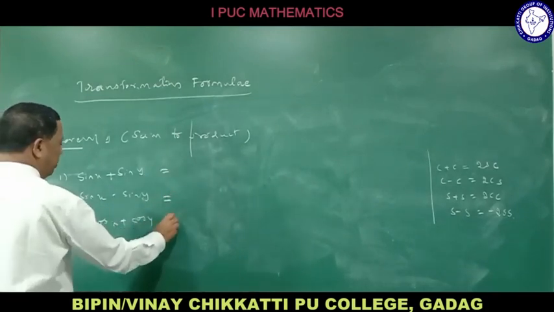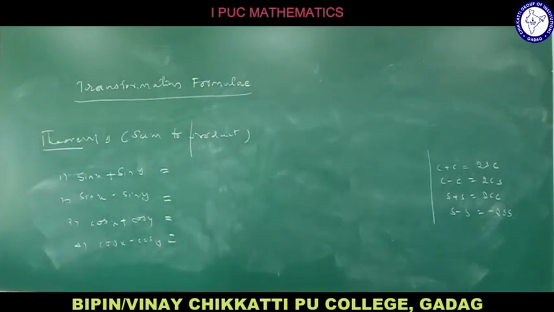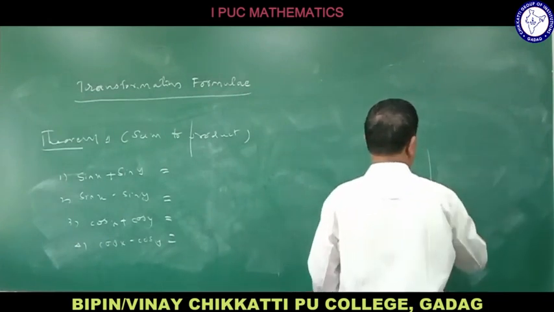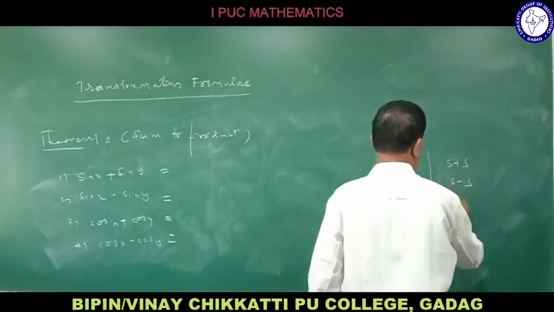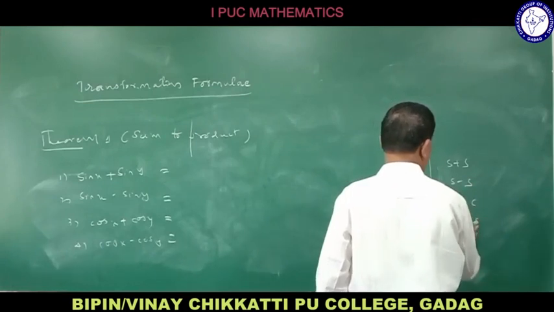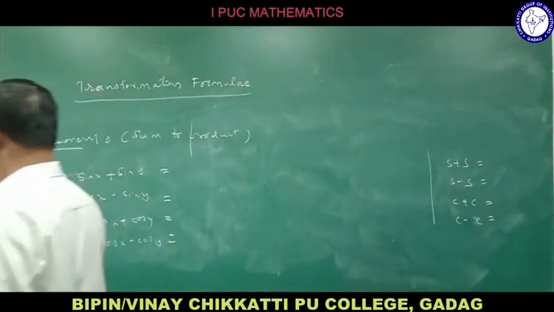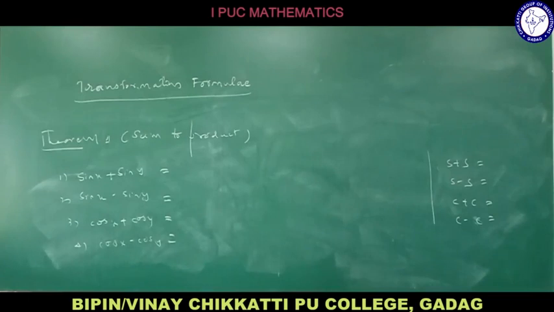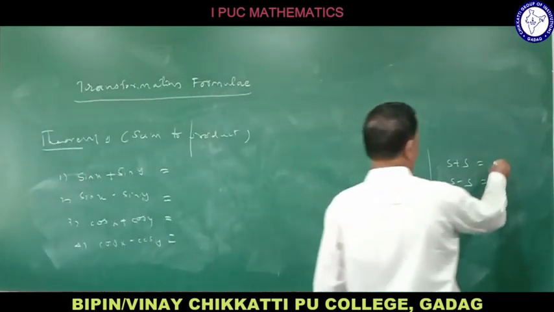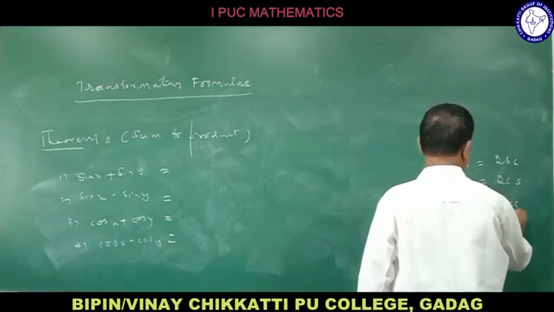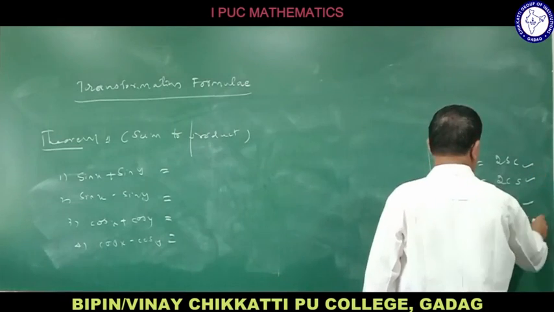Here you have to remember that particularly when you see that result, we have to change the structures: S plus S, S minus S, C plus C, C minus C. So these four are to be remembered. Already I have told you, this is 2 SC, 2 CS, 2 CC, minus 2 SS.